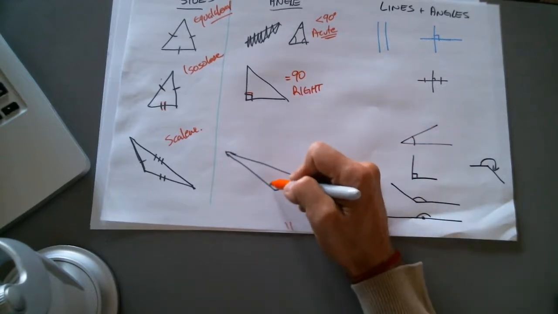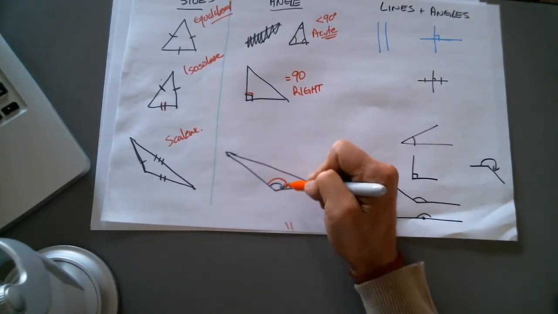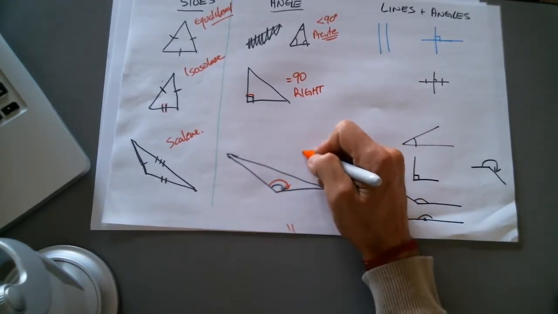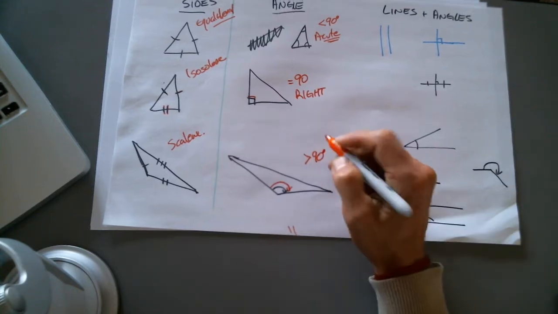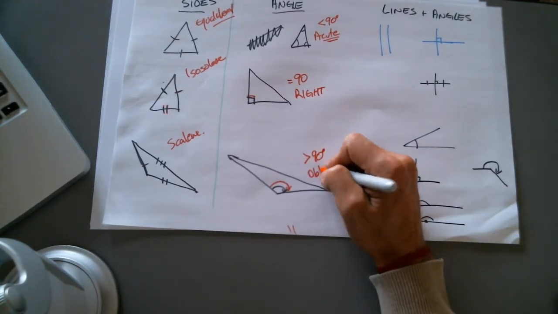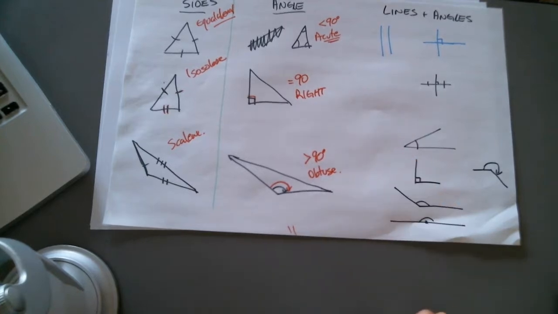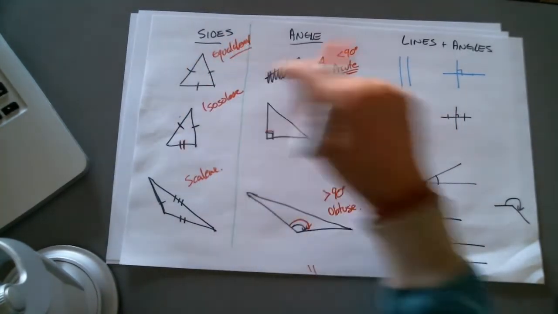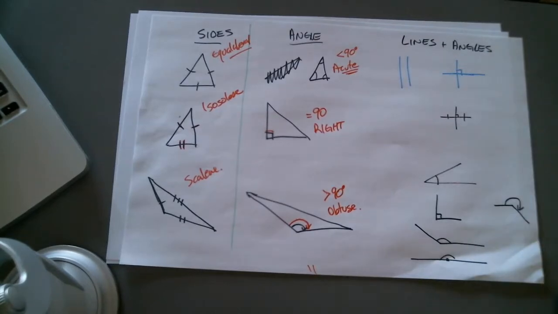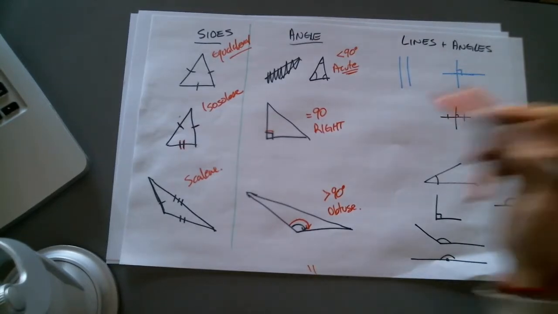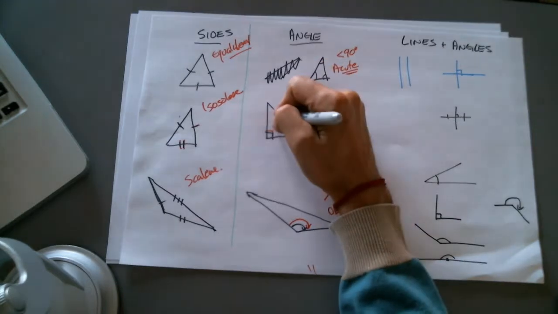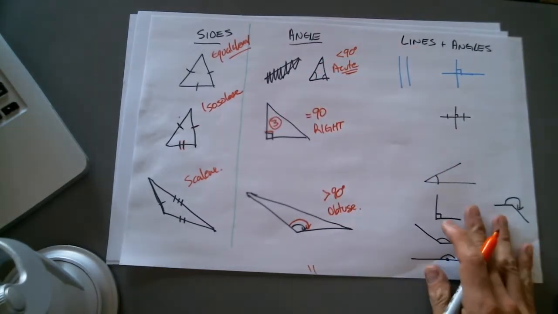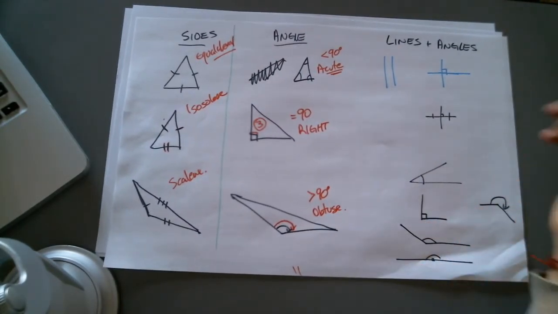The last one, if there's any angle, like this one, that is greater than 90 degrees, this is called an obtuse. So I'm looking for a minimum of each of these triangles on your art piece. And it would be great if you could actually have 3 right triangles. That would make our lives a lot easier when we do some stuff.